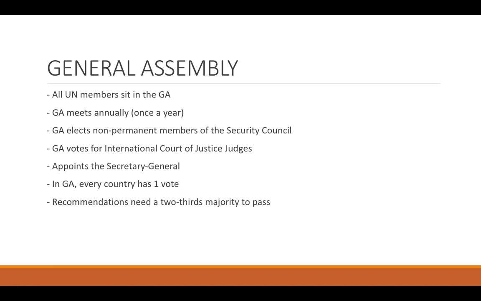It votes for International Court of Justice judges. It appoints the Secretary General. Of course, we saw in the previous slide that the candidate is recommended by the Security Council, but the General Assembly votes for who will be the Secretary General. In the General Assembly, every country has just one vote. Recommendations need a 2/3 majority to pass.